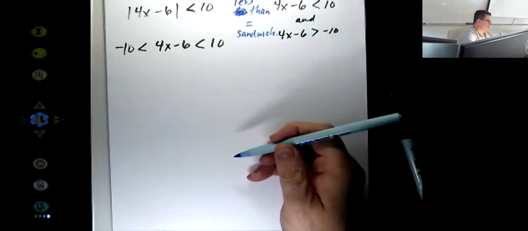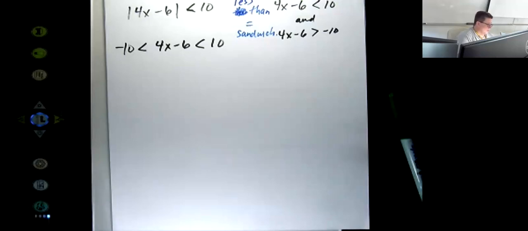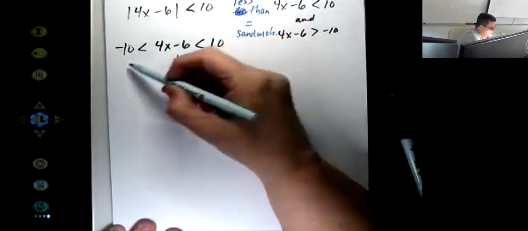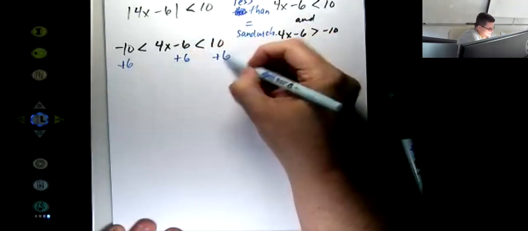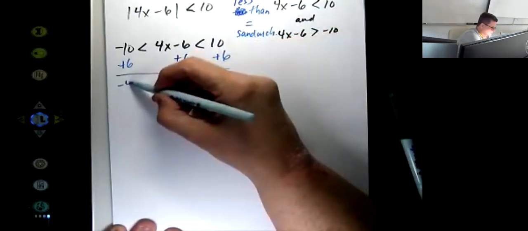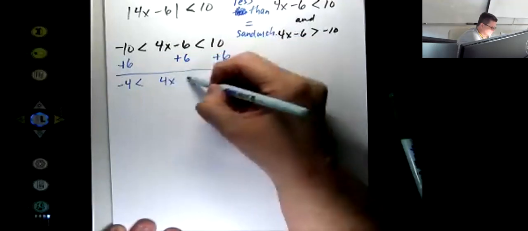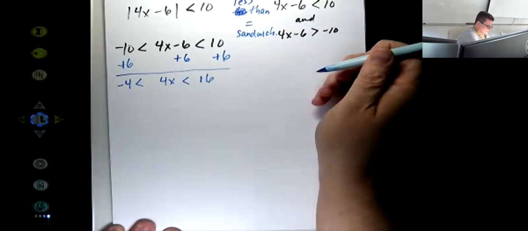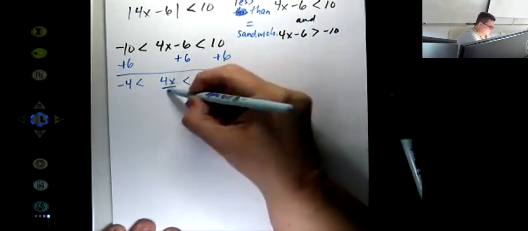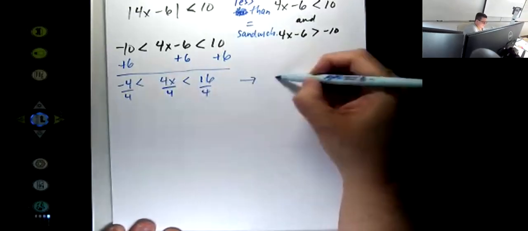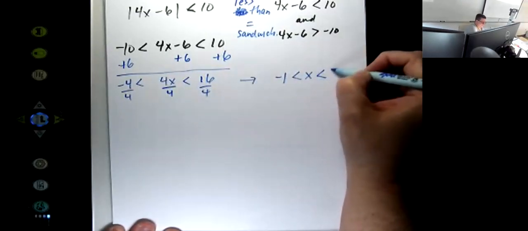And we did triple equality or triple inequality the other day, whatever we do to one side, we gotta do to all sides. If I add 6 to get it out of the middle, I gotta do it everywhere. Divide by 4 and I get -1 is less than x, which is less than 4.